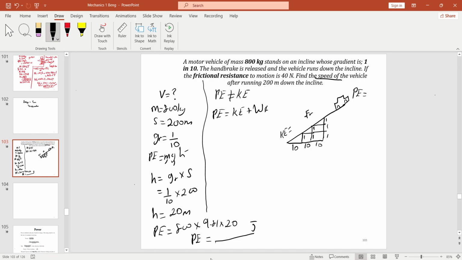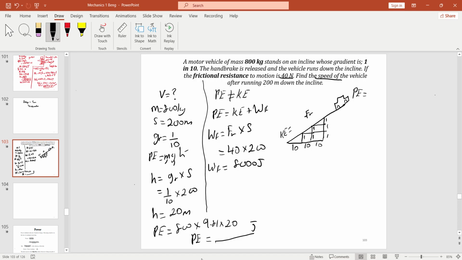We must find the work done against friction, which is equal to the frictional force that is given in the question, 40 newtons, times the distance, and that will give us 40 times 200. So we can get the work done against friction as 8,000 joules. Okay, we have that. We now want to find the KE.